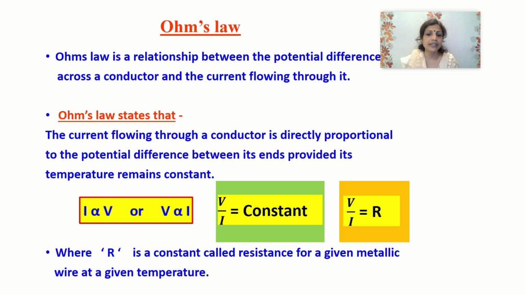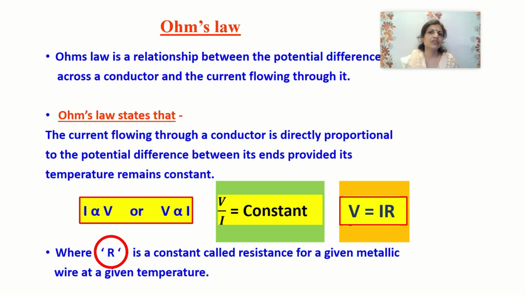We can also write it like this: V upon I is equal to a constant, and this constant is called R. So V upon I is equal to R. We can write this as V is equal to IR, and this is Ohm's law. This R is a constant, called the resistance for the given metallic wire at a given temperature.